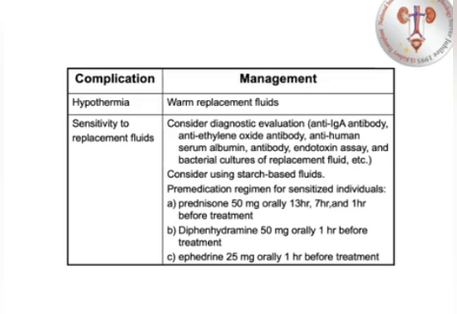Hypothermia, so we have to warm replacement fluids before returning them to the patient. Sensitivity to replacement fluids: we should consider diagnostic evaluation, anti-IgA antibody, anti-ethylene oxide antibody, anti-human serum albumin antibody, endotoxin assay, and bacterial cultures of the replacement fluid, etc. And consider using starch-based fluids.